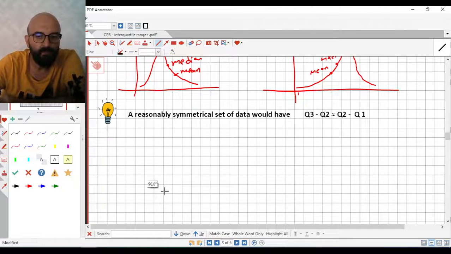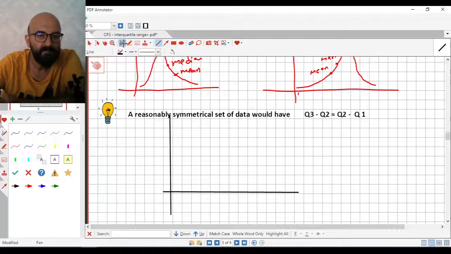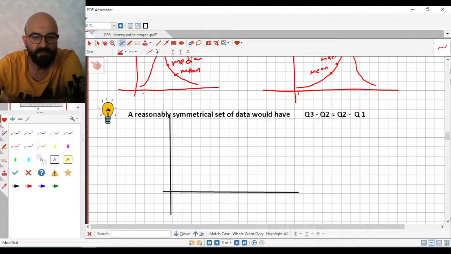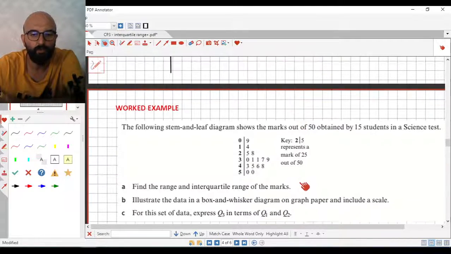If Q3 minus Q2 approximately equals Q2 minus Q1, you can say the curve is symmetrical data, a symmetrical curve. So it is like this symmetrical curve.